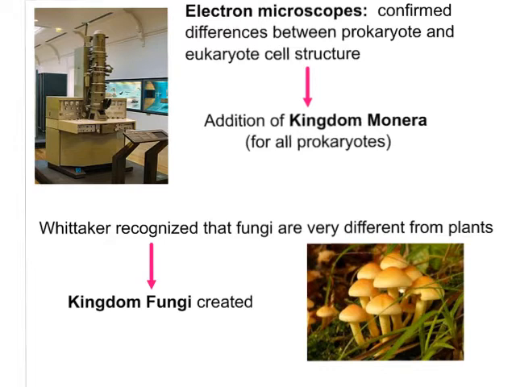Another major discovery was the invention of electron microscopes. Here's a picture of an old electron microscope, one of the original ones, and they enabled scientists to see even better what was going on in cell structure, and they allowed us to confirm the differences between prokaryote and eukaryote cell structure and how they were very, very different.